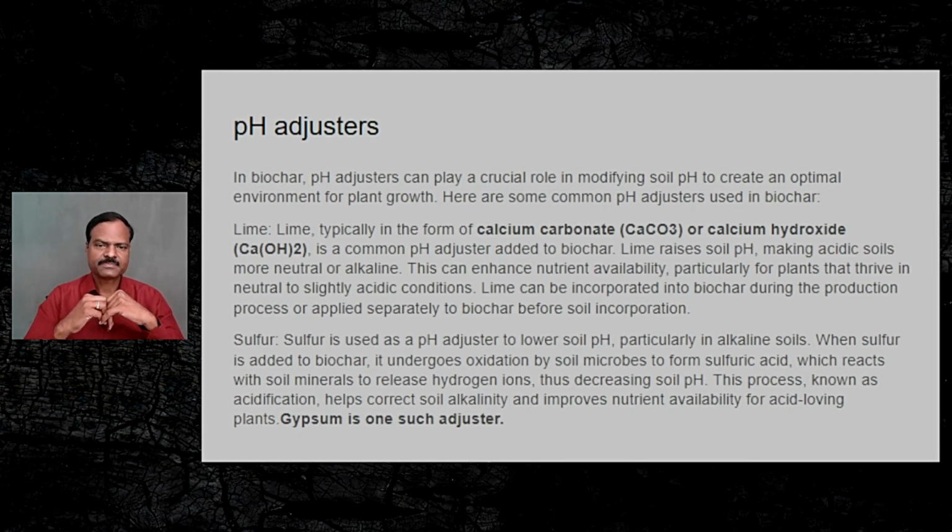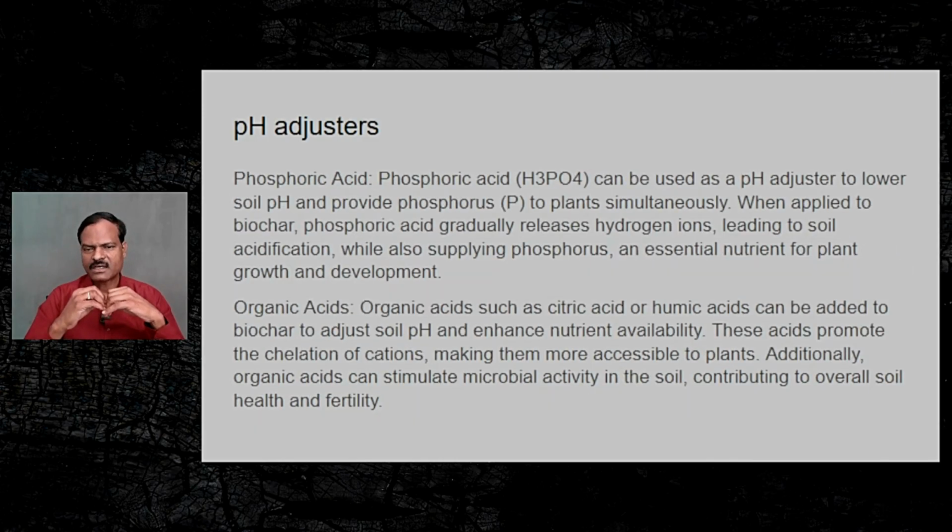pH adjusters. In biochar, pH adjusters can play a crucial role in modifying soil pH to create an optimal environment for plant growth. Here are some common pH adjusters used in biochar. Phosphoric acid.